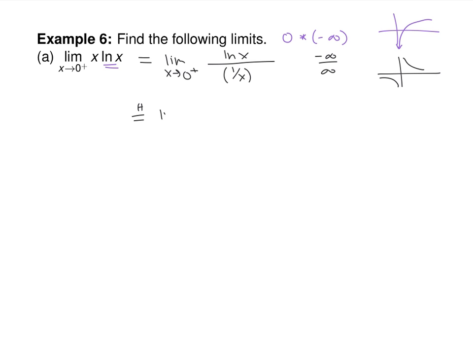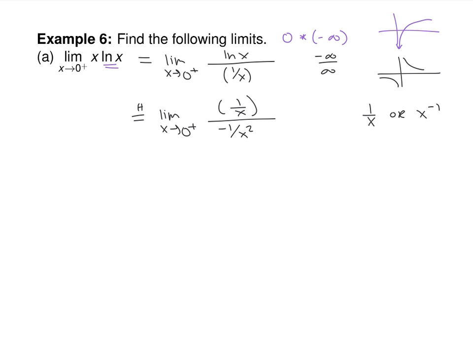Okay, so what's the derivative of ln of x? 1 over x, yep. And what's the derivative of 1 over x, or x to the negative 1? So negative 1 over x squared.